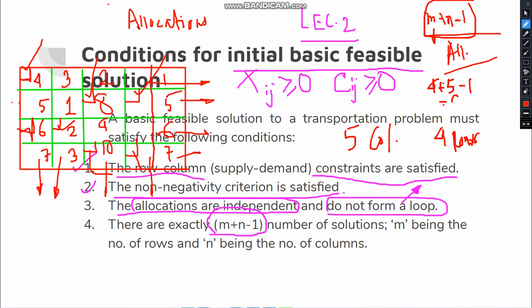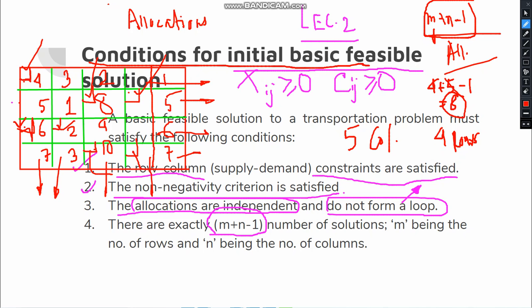According to the conditions for an initial basic feasible solution, there have to be 8 allocations. But here we have just 1, 2, 3, 4, 5, 6, 7 allocations. If we get a solution like this, then we can say we haven't reached the initial basic feasible solution.